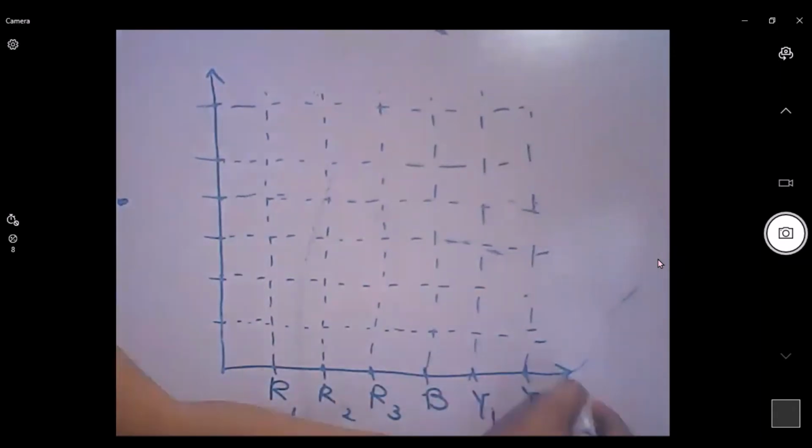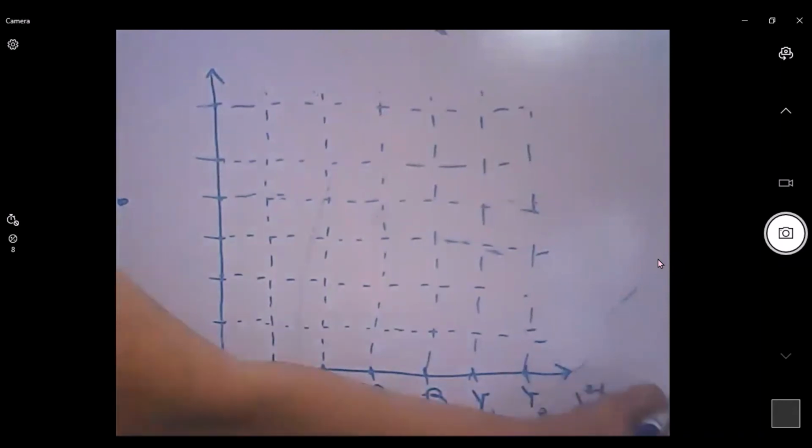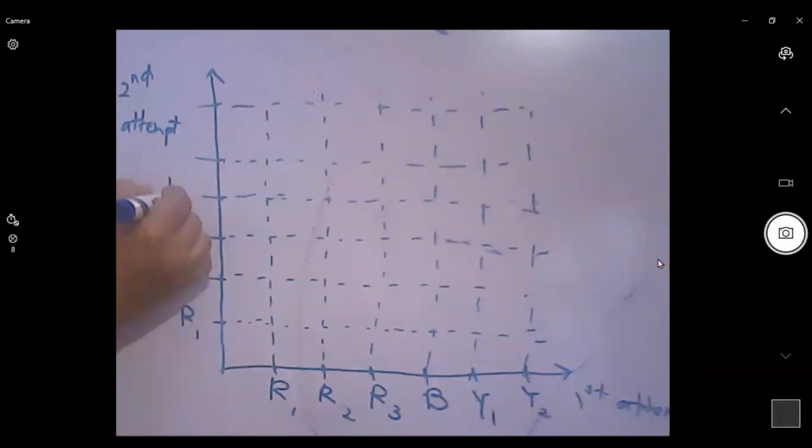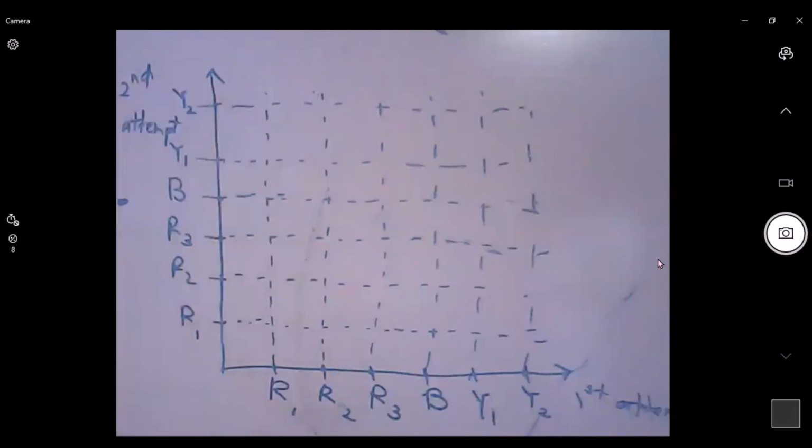Can you see the board now? This is the first step, the first attempt. Then the second one, we can here mark as R1, R2, R3, blue, first yellow bead, second yellow bead.